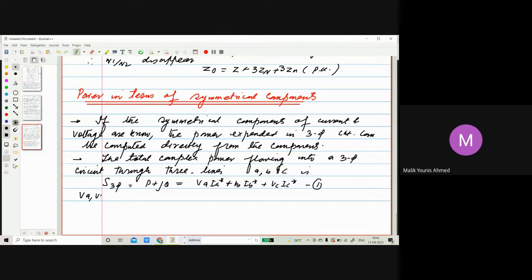VA, VB, VC are what? Voltages with reference to ground at the terminals.